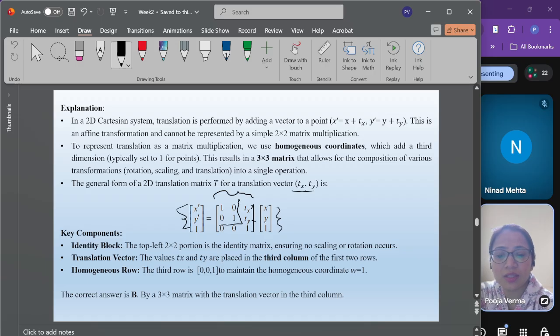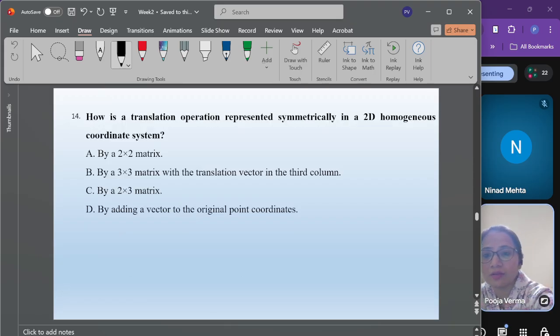The values of Tx and Ty are placed in the third column, first two rows, and the homogeneous row, that is the third row, is 0 0 1 to maintain the homogeneity of the coordinates. So yeah, option B is the correct answer: a 3 cross 3 matrix with the translation vector in the third column. So yeah, option B is the correct answer for this question.